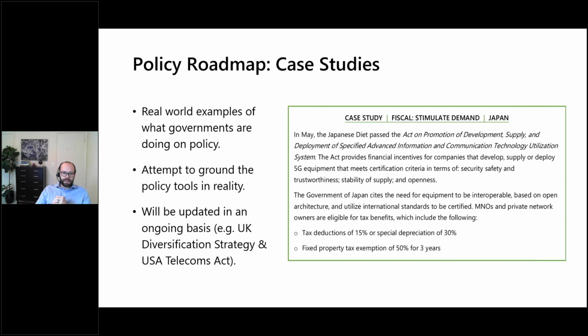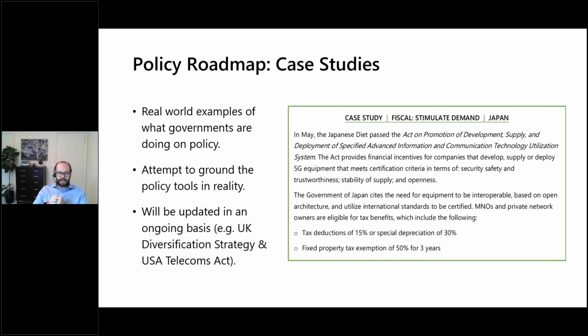So finally, case studies, and we've pulled up an example here from the government of Japan. We've tied this back, you'll see in the center there, to the specific area that it's seeking to address, in this case, stimulating demand under the fiscal bucket. And we've got an explainer there on specifically what the Japanese government put in place to help stimulate demand.